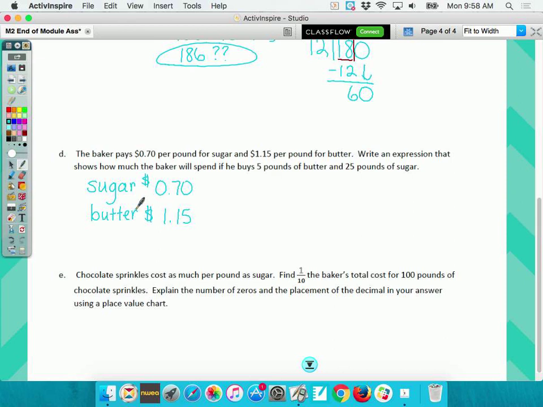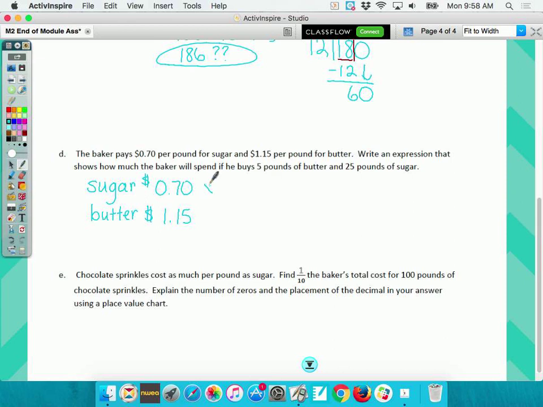Okay, let me read the rest of the problem. Write an expression that shows how much the baker will spend if he buys 5 pounds of butter and 25 pounds of sugar. So I have to take this amount times what?